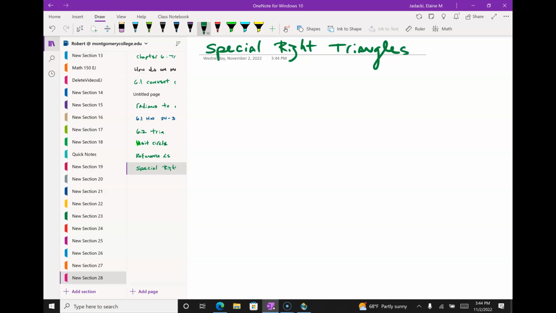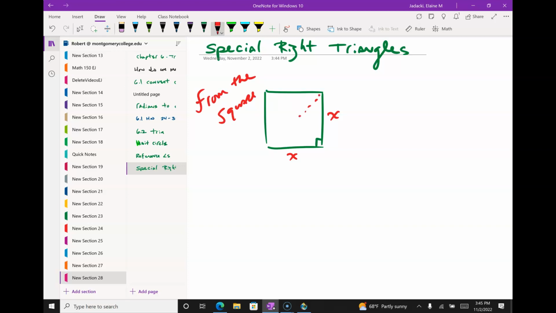And there's really just two of them. From the square, we have, what kind of triangle is this? Do you remember?